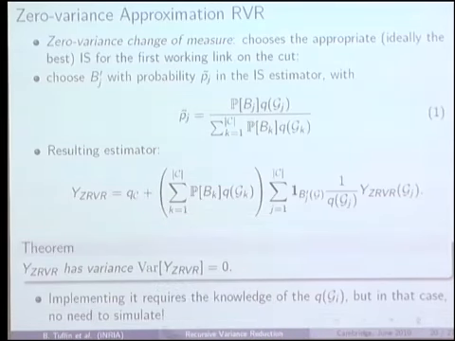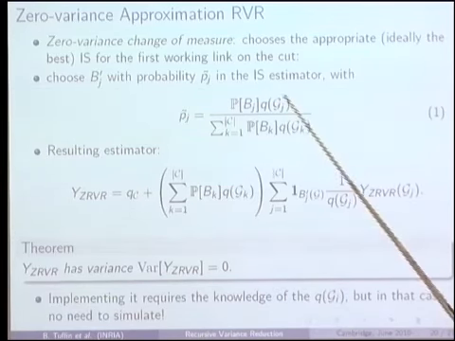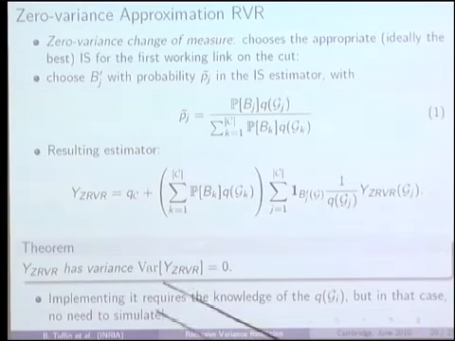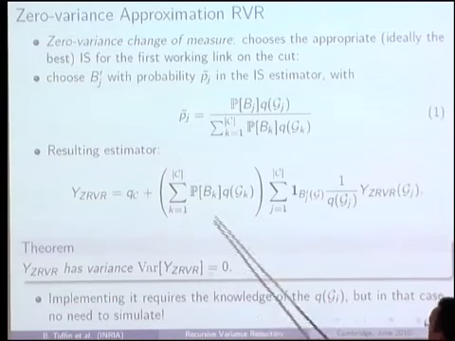But again, here there is a problem, which is the fact that in order to implement it, we need to know those values of Q of the different subgraphs, which is the unreliability of all the graphs. And if we knew it, then we would not need to simulate. So that's why we have to implement something else.